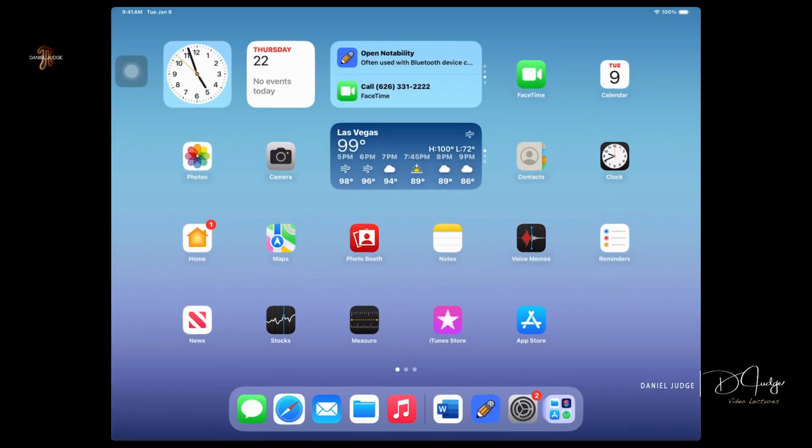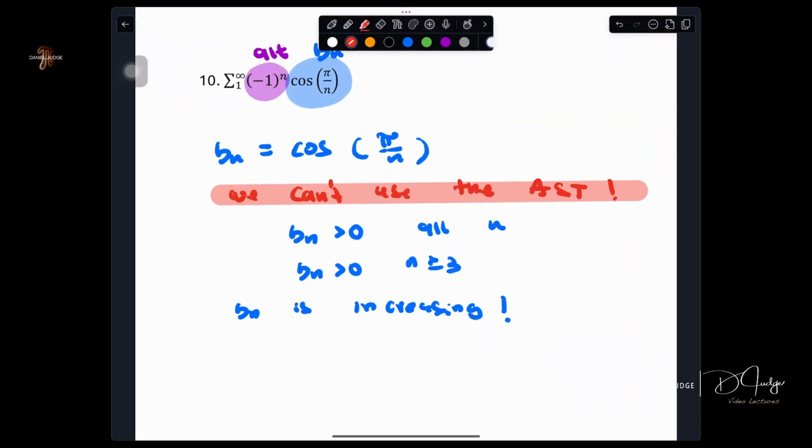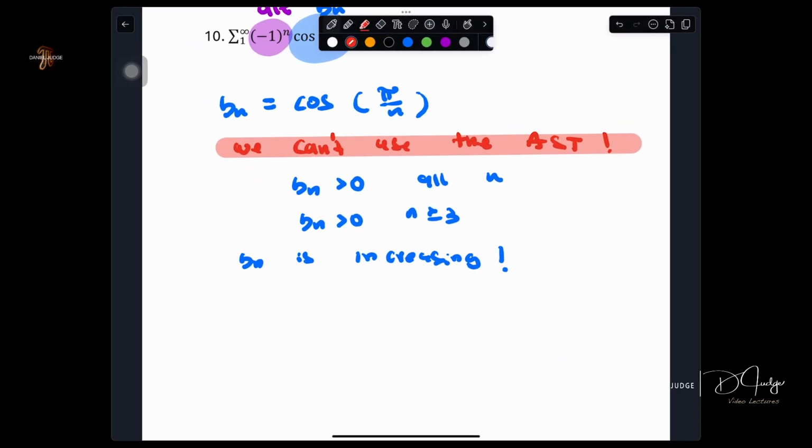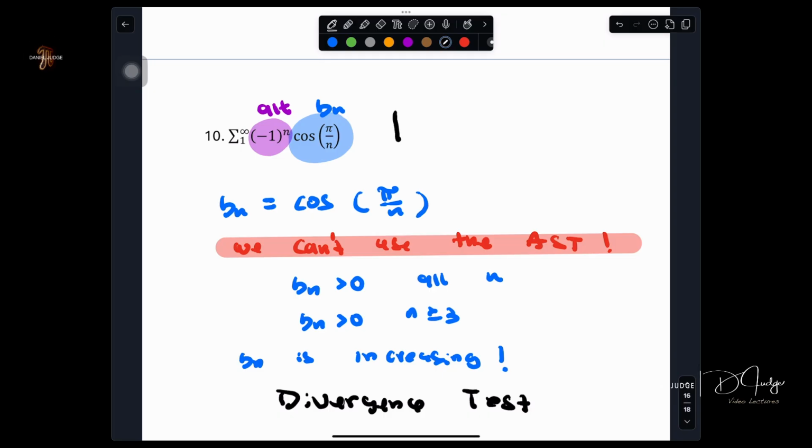Alrighty. So you might say, what do I do now that I can't use the alternating series test? I'm going to say, try the divergence test. I was going to write down test for divergence. So we're going to now look at this differently.